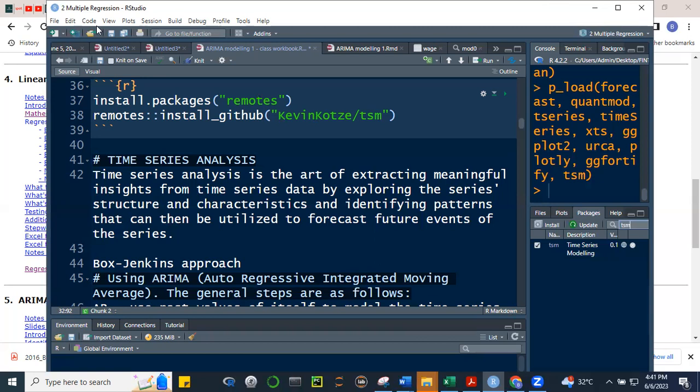Anyone who'd like to explain? You may unmute yourself. Time series versus cross-sectional, and then panel data.